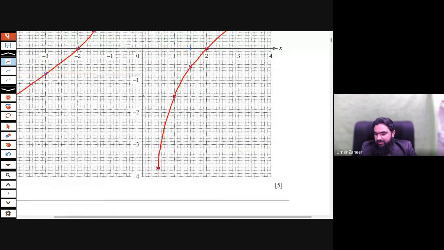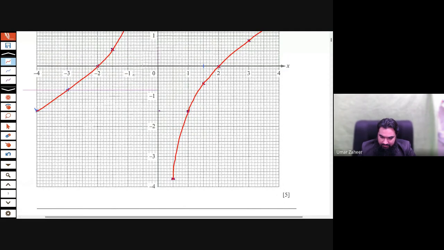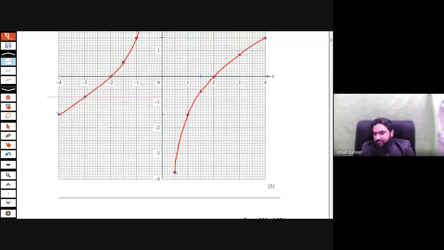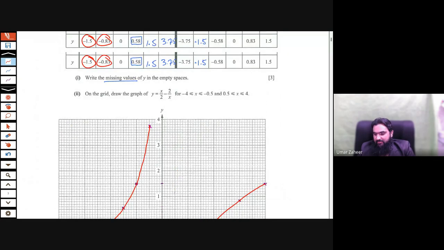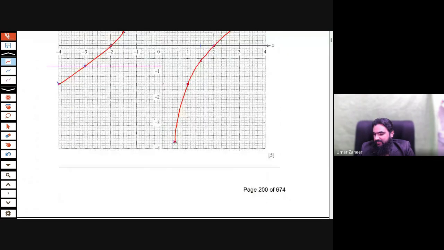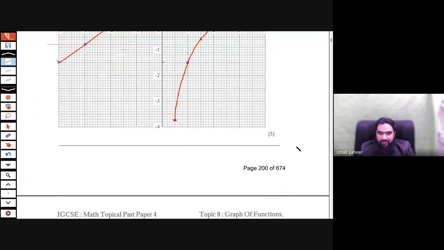All right, everyone, I think this is a good one. So we have plotted and made the graph. It gave you 5 marks.